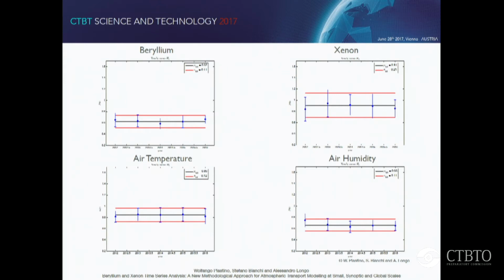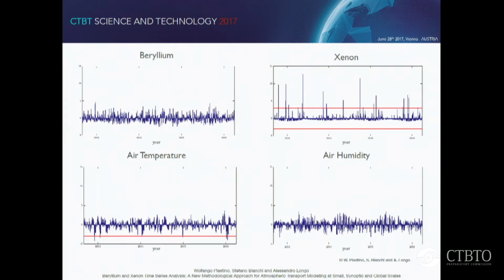Finally, when we have all this information, we can try to identify the so-called anomaly. This is the residual, and of course, we removed all the periodical components. We characterize as much as possible all the structure in the residuals and noise. And you see that, always for the Swedish station, Stockholm, this is the pattern of residual, and this is the threshold at 3 sigma for beryllium, xenon, temperature, and humidity.